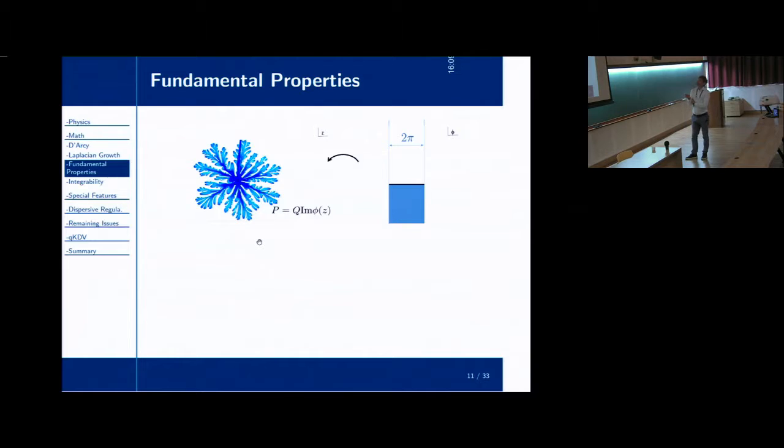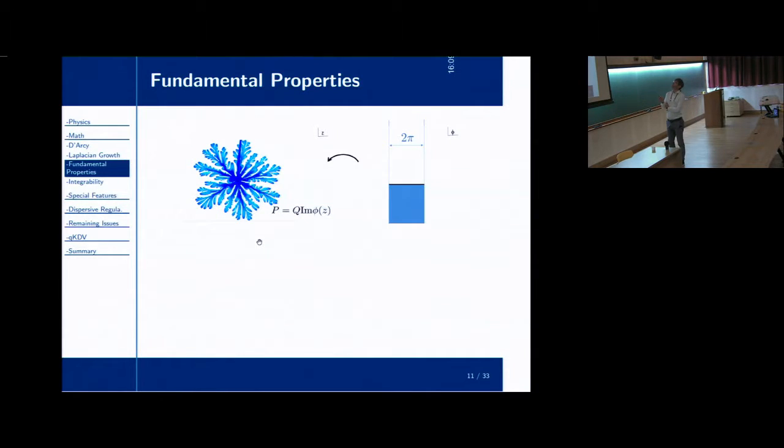And the harmonic field here is the imaginary part of some analytic function, which turns out to be the map from this cylinder, or the region from 0 to 2 pi in the real dimension and infinite in the imaginary direction. The upper half of the strip is mapped conformally to the outside of the droplet.